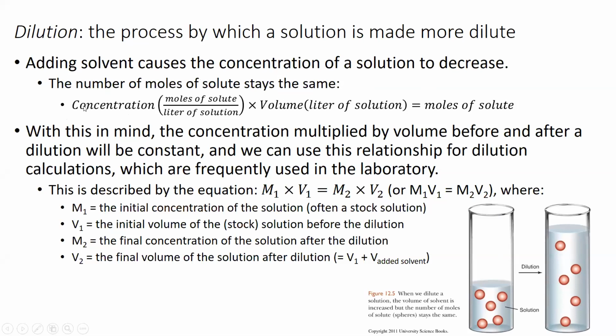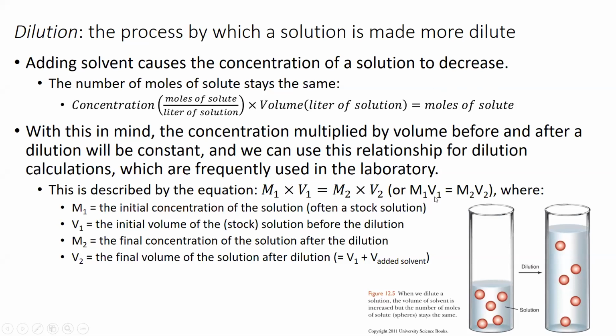And so we can use this relationship where concentration times volume gives the moles of solute. Since that's going to be the same before and after a dilution, the concentration times the volume before the dilution equals the concentration times the volume after a volume of solvent is added.